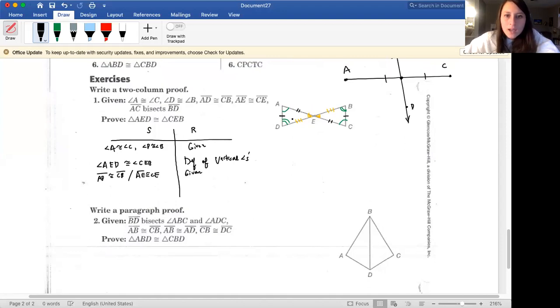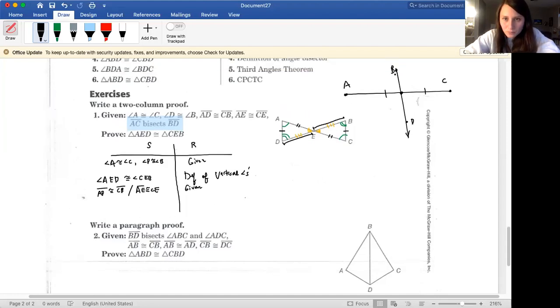So again, I need to somehow prove that these two sides are congruent. Now, that can be explained if I know what a segment bisector is. So because I know that AC bisects BD, which in this example actually, BD is the bisector, but in this case, AC is cutting through DB, which means these sides have to be the same.